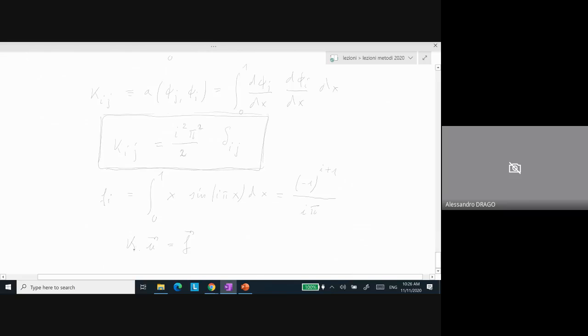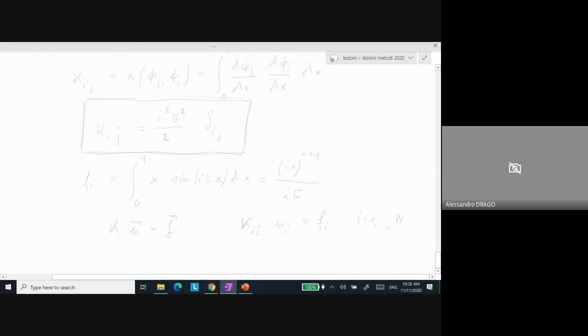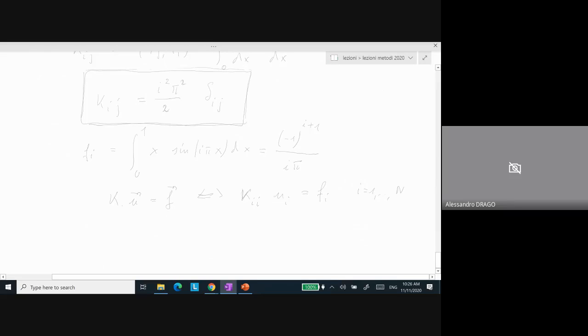Therefore, this reduces to Kii Ui equal to Fi, with i running from 1 to n. Because K is diagonal, I don't have to sum on the index j because the only contribution is i equal to j, and I get this. And therefore, from this, I immediately get the solution.